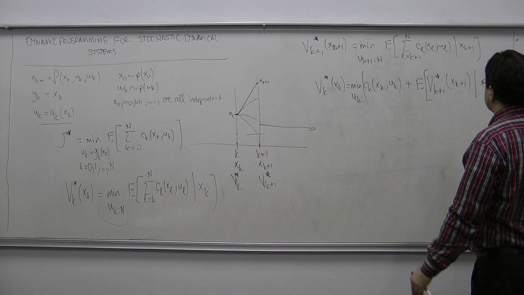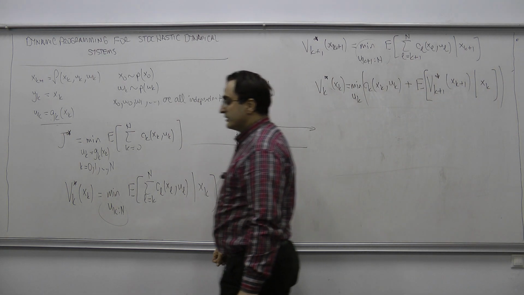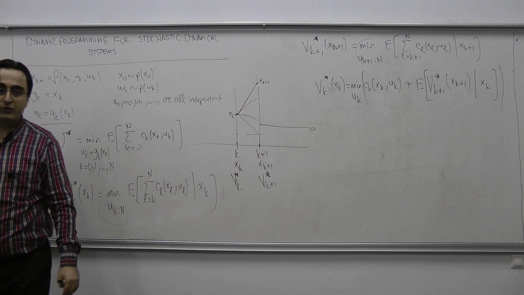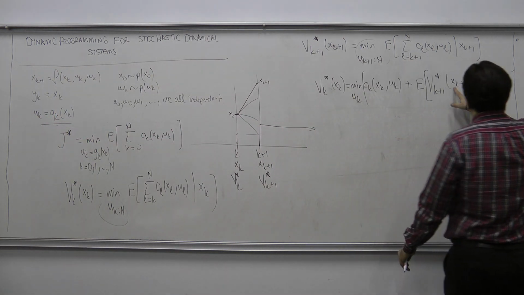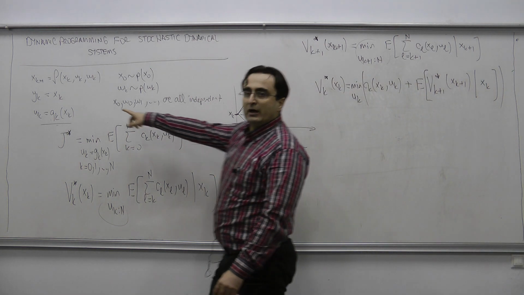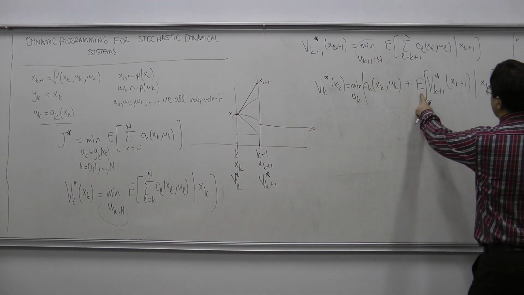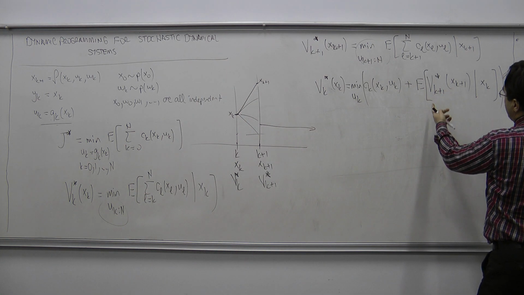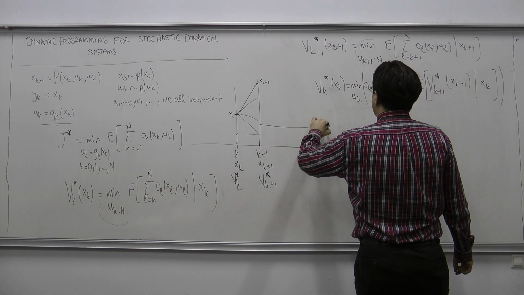So this is actually the formula that we also used in the case of finite state Markov chains. What is going to be different here is that I will replace this xk plus 1 again with the formula given here, and I will replace this expectation with an expectation with respect to only the process noise. So here let us do that.